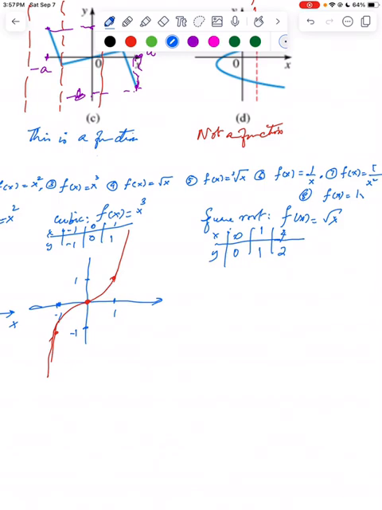Now also note here that we don't have negative numbers for the x value, and we don't have negative numbers for y. So we should draw our axes so that we don't waste space.